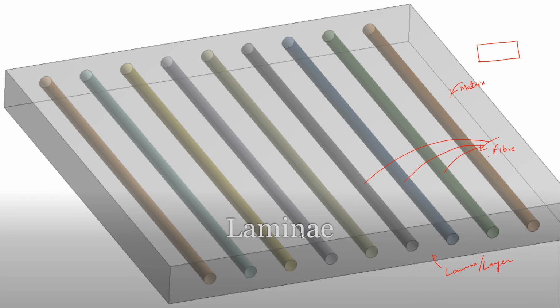A laminated composite plate is made up of several layers having different stacking sequences. It may have 0 degree, 90 degree, then again 0 degree, or maybe 30 degree, minus 30 degree, then plus 30 degree, or any other sequence can be possible.